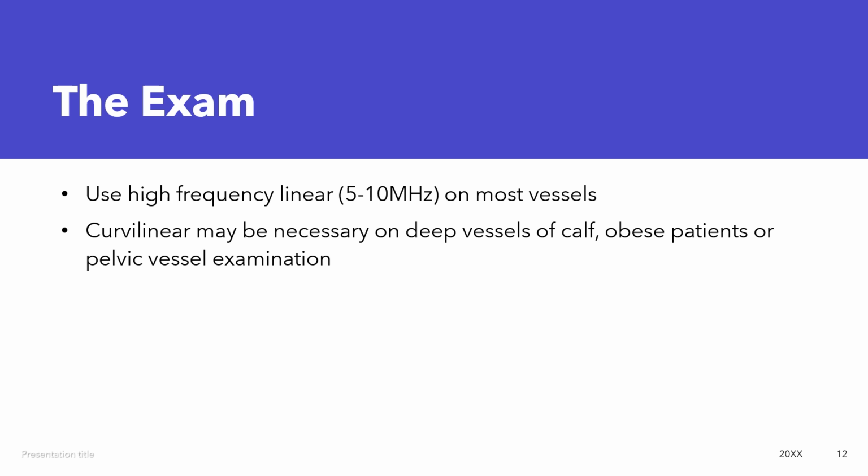Curvilinears can be especially effective when you're looking at the deeper veins of the calf, because those calf muscles can be difficult to penetrate. Or if you find a clot in, say, the common femoral, and you need to go up into the pelvis to assess the external iliac or the common iliac, then of course you'd want to switch to a curvilinear.